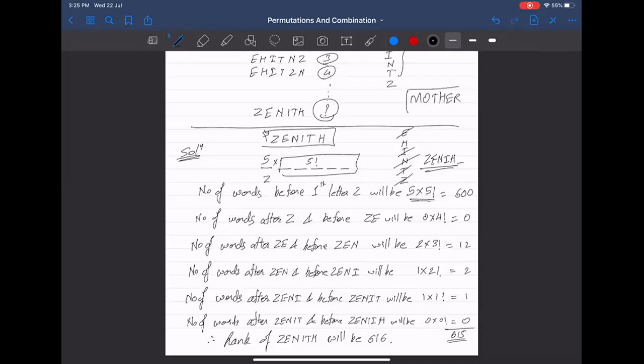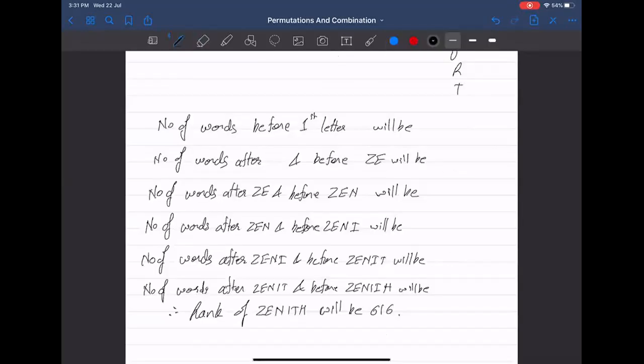MOTHER और रैंक ऑफ मदर निकालो उसमें से. Arrange the letters of the word MOTHER and get me the rank of MOTHER. Those who are doing at home, watching the video, please give an attempt on this. Please pay attention how we are going to do this.